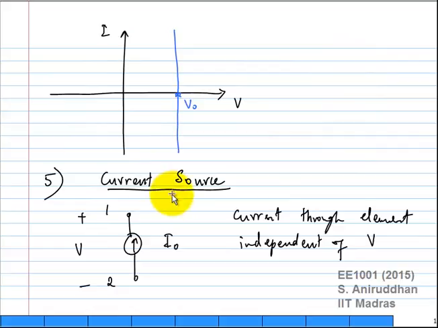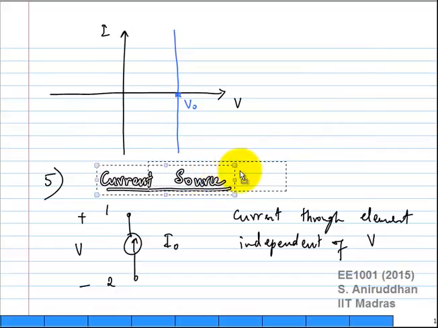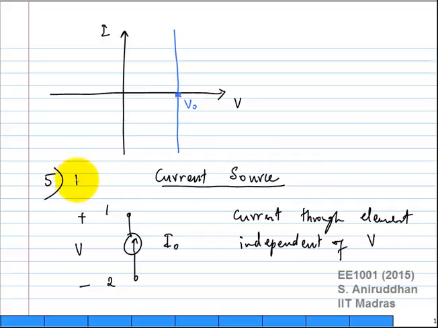Similarly, I can define an independent current source, which is defined as an element that maintains a current I naught. In this case, I take a current source of value I naught.